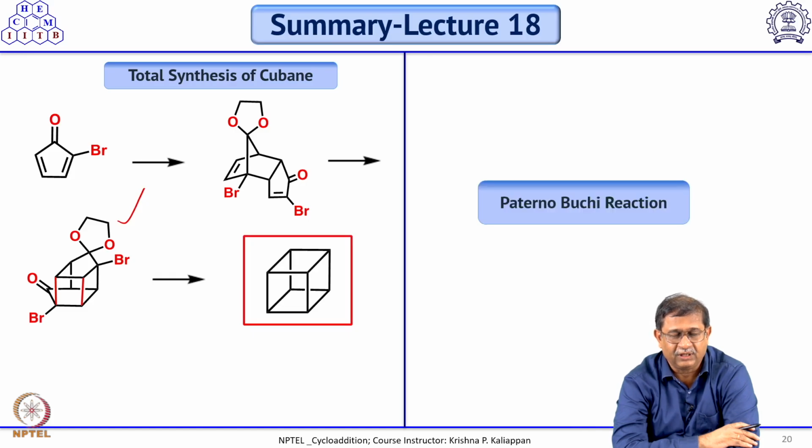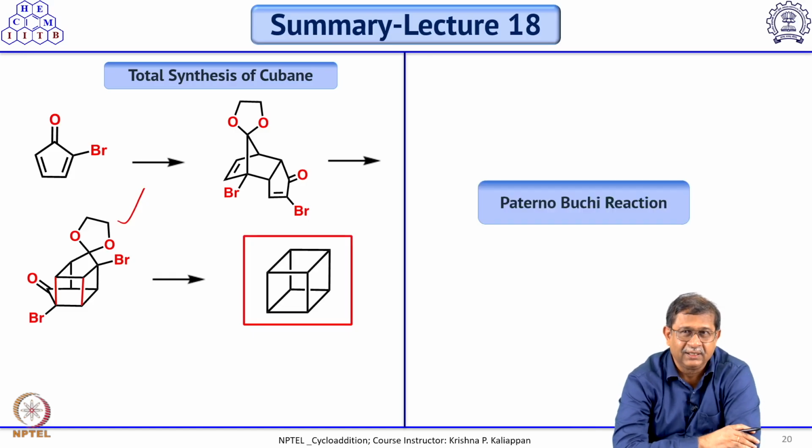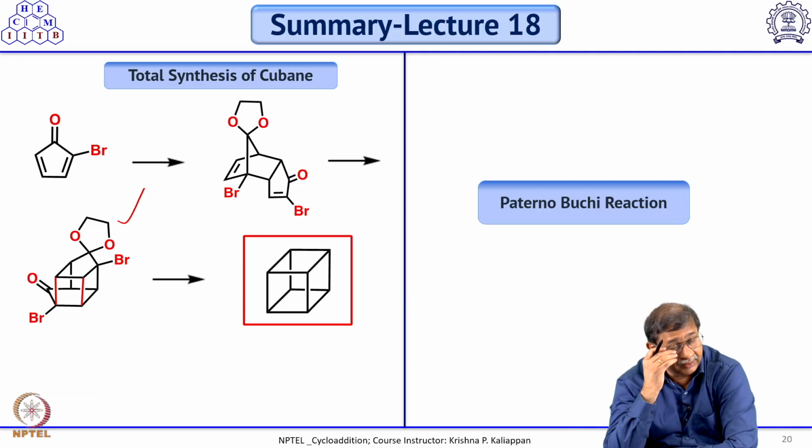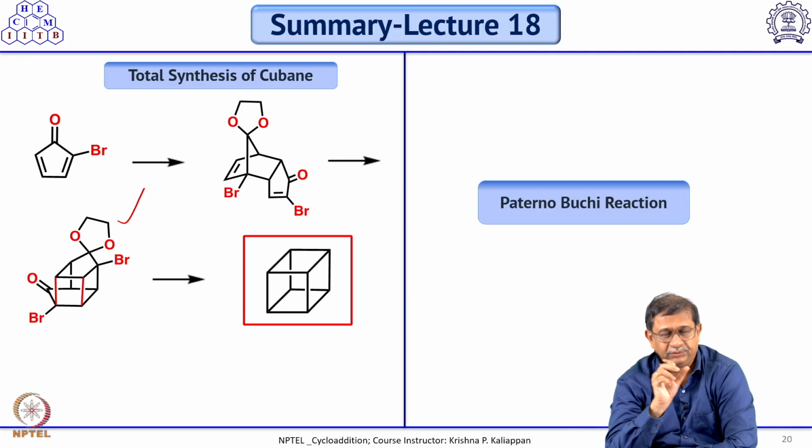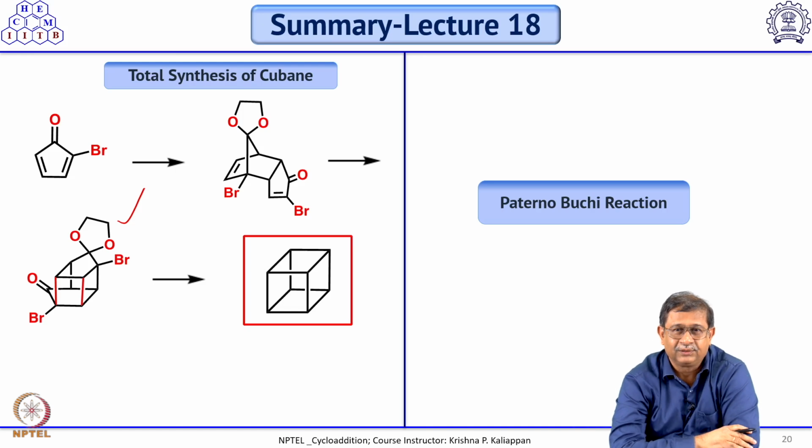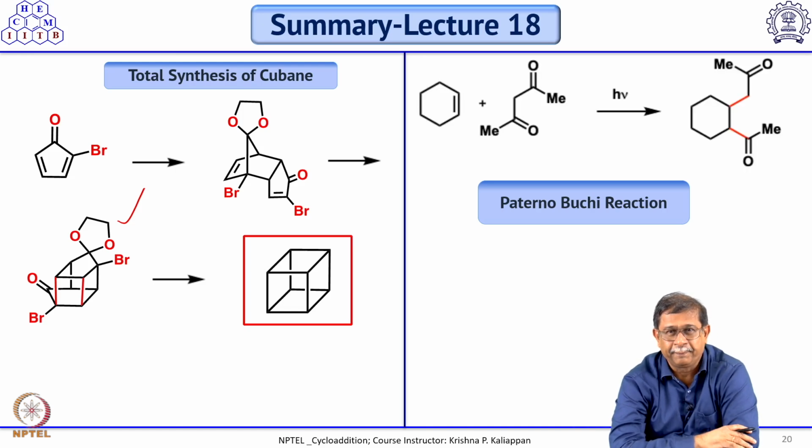And we also talked about the de Mayo reaction, where cut and paste chemistry is successfully used through 2+2 cycloaddition followed by retro-aldol, and that diketone can also undergo an aldol reaction to give another 6-membered ring.